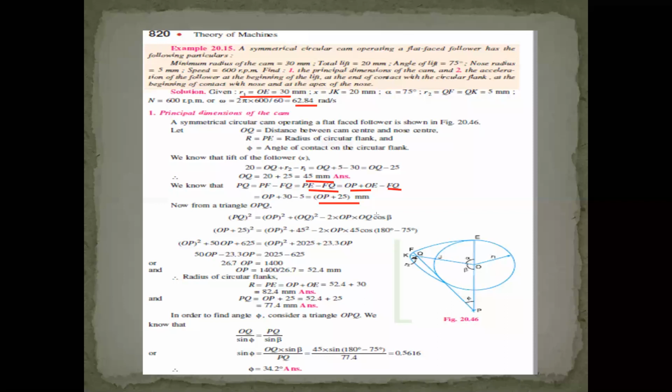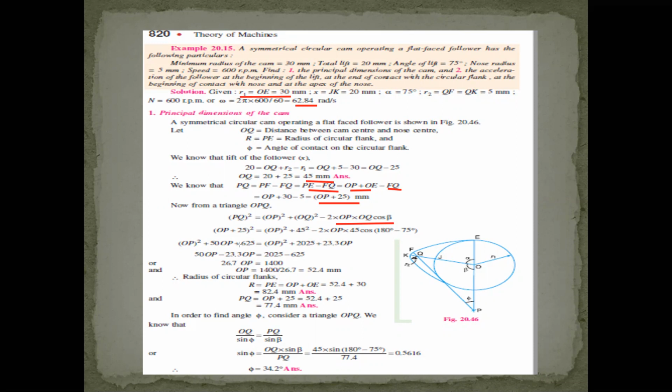We substitute the known values: OP plus 25 whole square equals OP square plus OQ square minus 2 OP into OQ cos beta. Just expand the (A plus B) whole square formula.